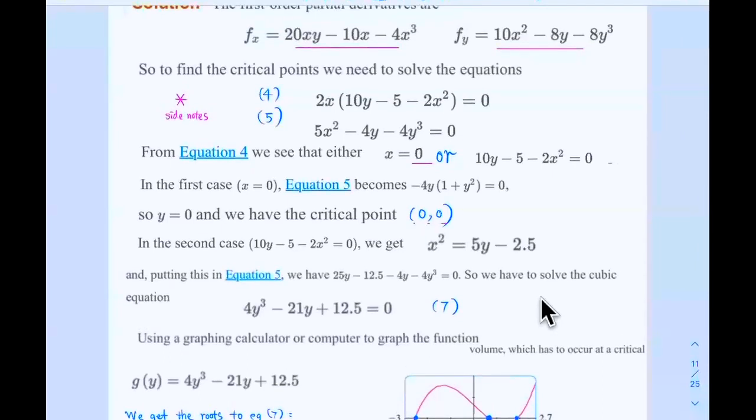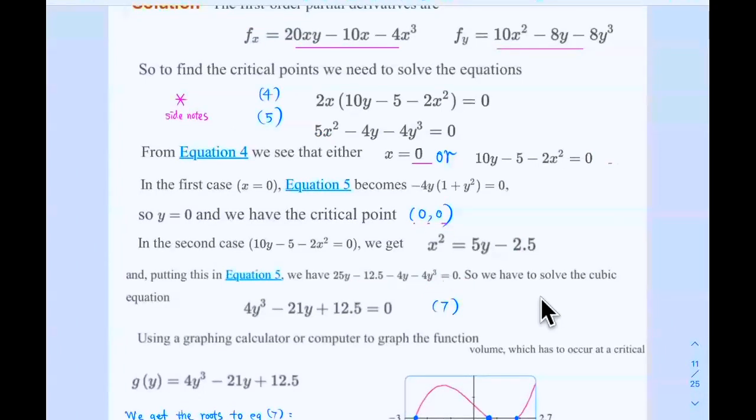And I'm going to put this one into equation 5, because this one here comes from equation 4. Now we're going to put this into the other equation, and substitute x squared here by 5y minus 2.5. And you end up with this equation.